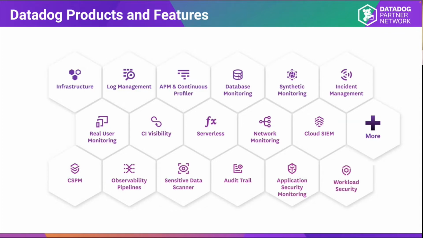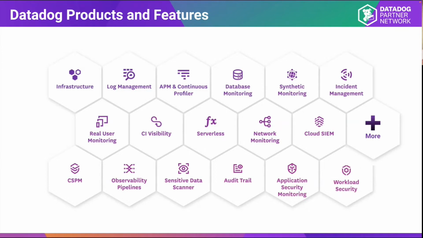We started out with our infrastructure monitoring product, and then we expanded into APM and log management. We will dive into exactly what that means in the next section of the presentation. Our product release cadence has rapidly increased in recent years. Since 2017, we've released 12 new products, actively expanding to a broader observability platform.